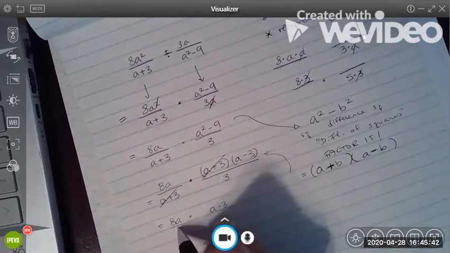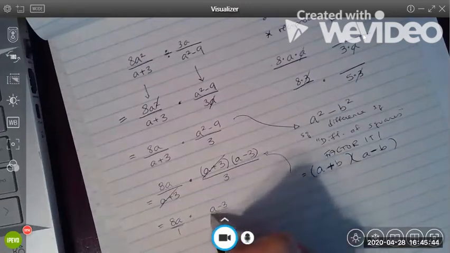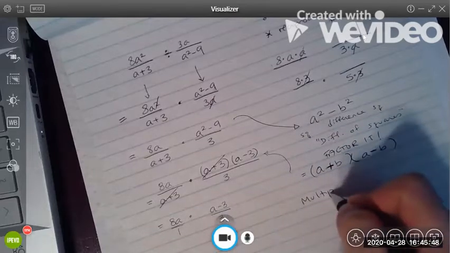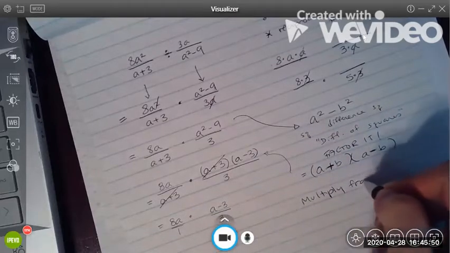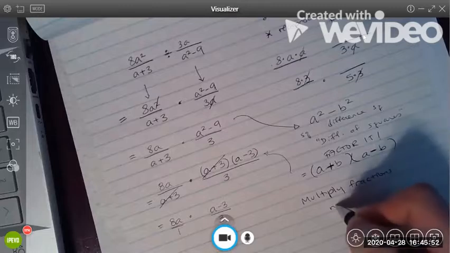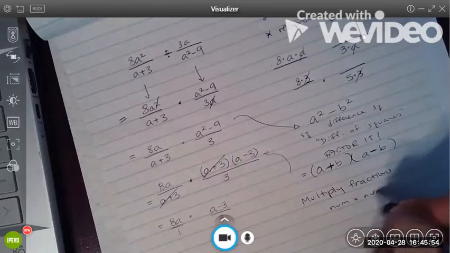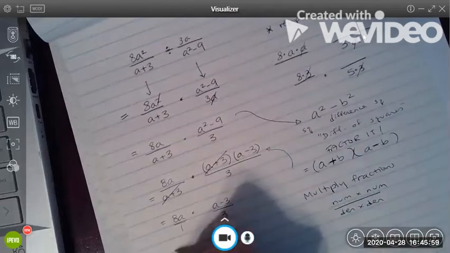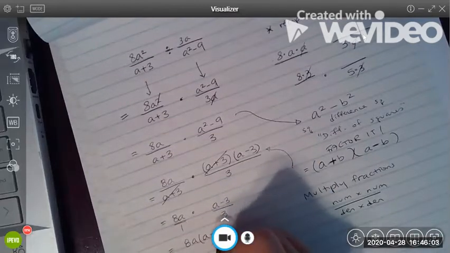There's no denominator here. It's really a denominator of 1. And over 3. And to multiply fractions, I go across. You're going to do numerator times numerator and denominator times denominator. So 8a times a minus 3 over 1 times 3, or just 3.